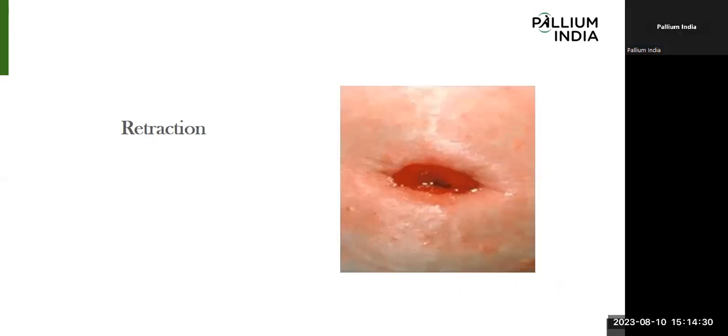Then this one is the retraction. Retraction means stomal retraction. Normally the stoma is in a protruded stage, a little bit protruded, but here everything is in a retracted state. So here a pulling effect is happening inside the colon.